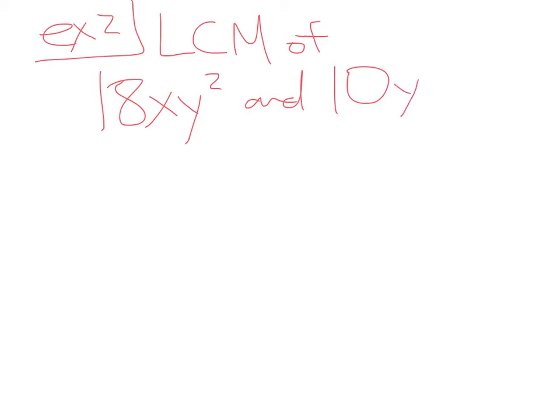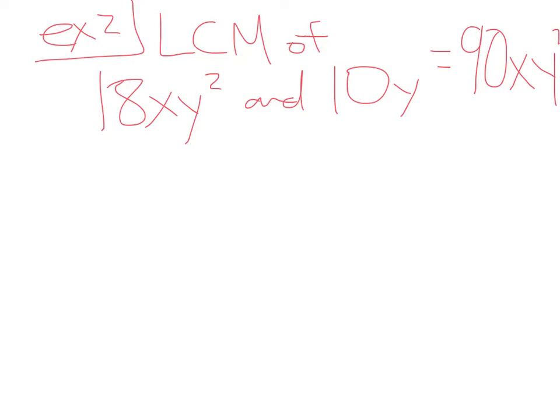Alright, so least common multiple, you're thinking expand these numbers. What do they both go into? So you can do that by yourself. I know 18 goes into 90. That would be the first number that it goes into, that 10 also goes into. So I'm just going to say our least common multiple will end up being 90. It will have an x, and it will also have a y squared.